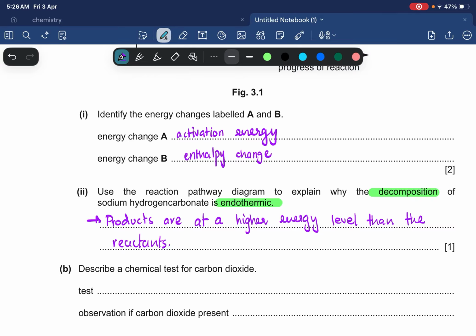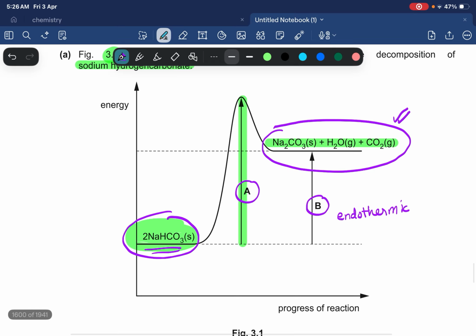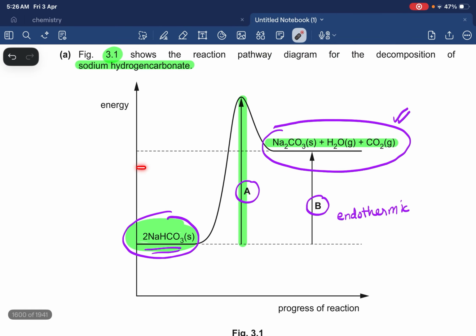Got it? And if my reactants were at higher energy and products at lower energy, then it would have been the opposite. It would have been an exothermic reaction. So that's the little difference.